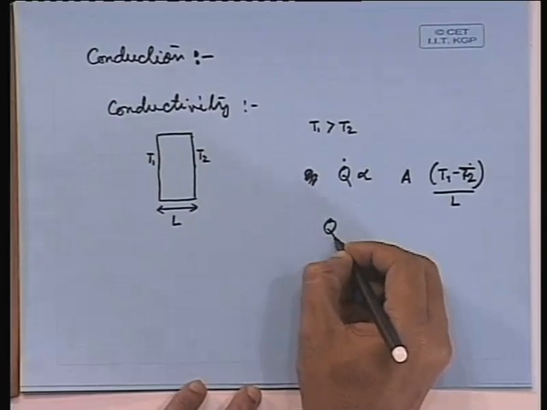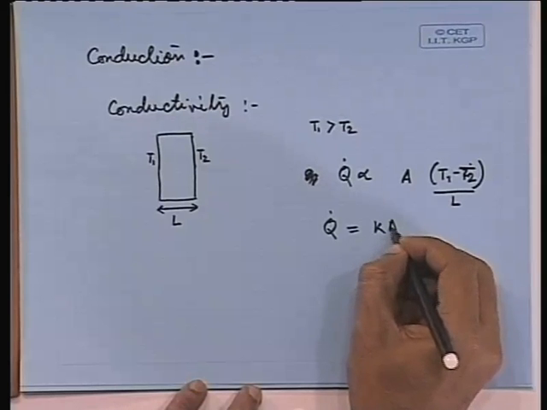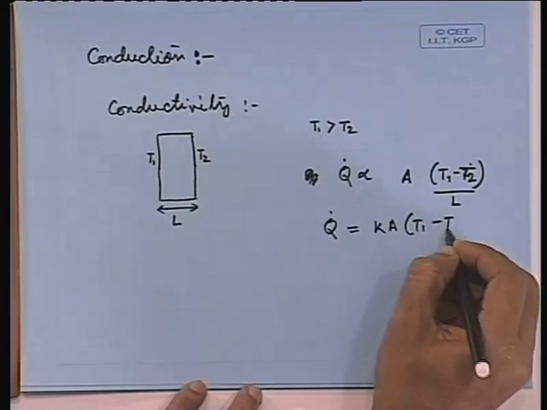For the time being, let us put this equal to K A (T1 minus T2) by L.